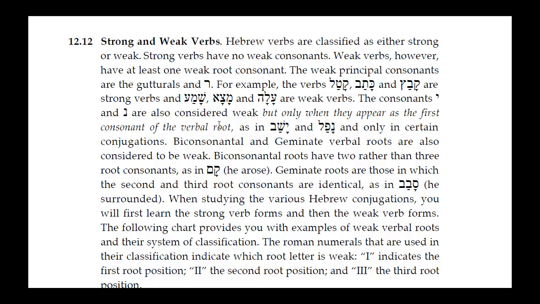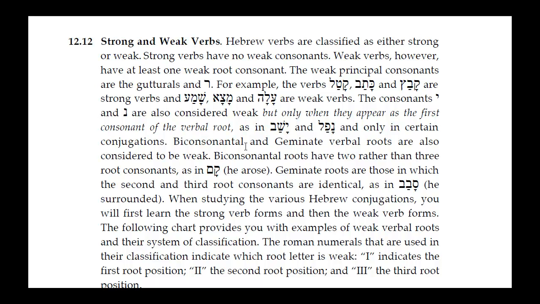But shema, matzah, and Allah are weak verbs because they have one or more gutturals. Now, the consonants yod and nun are also considered weak, but only when they appear as the first consonant of the verbal root. So whenever you have a first nun verb or first yod, like yashav or nafal, those are considered weak also, and only in certain conjugations.